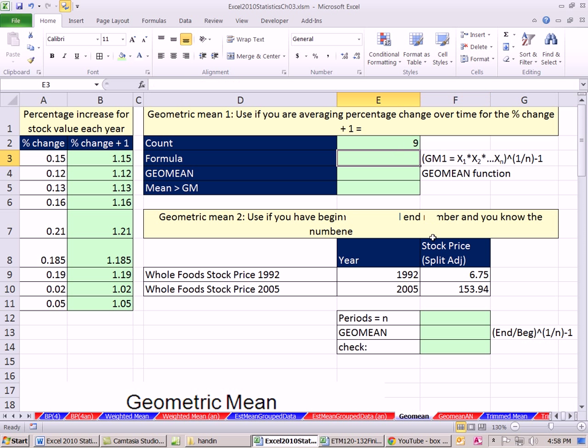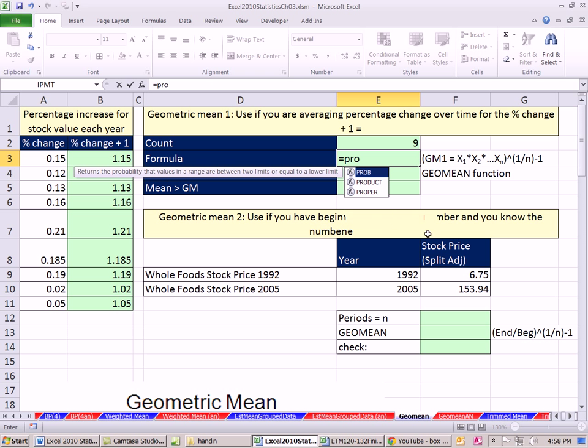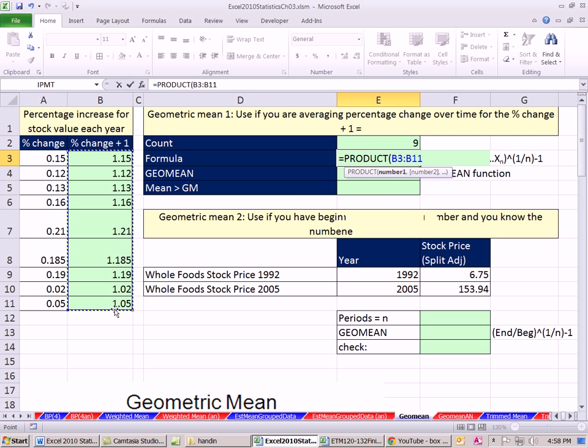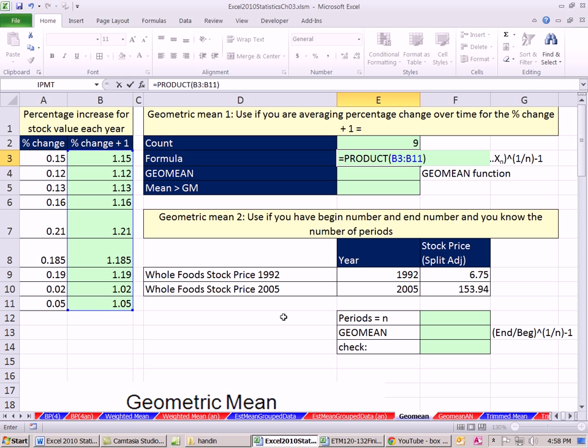All right, so you ready? I'm going to use the PRODUCT function. Product can multiply. Multiply all these. That's the first step. So if you look down here, we just got to multiply. Now we have to take the nth root. So caret 1 divided by 9.